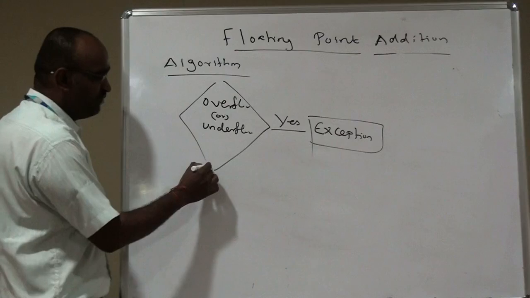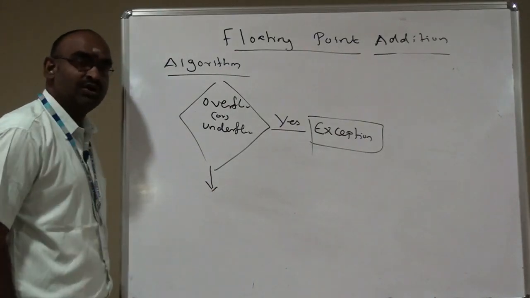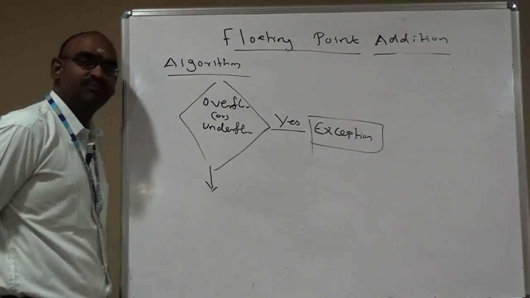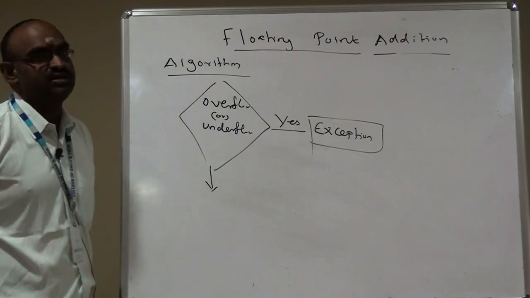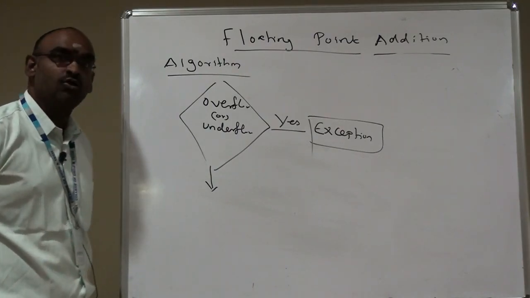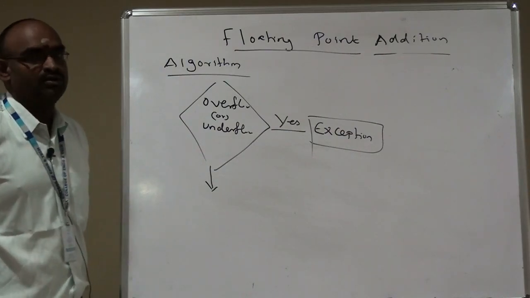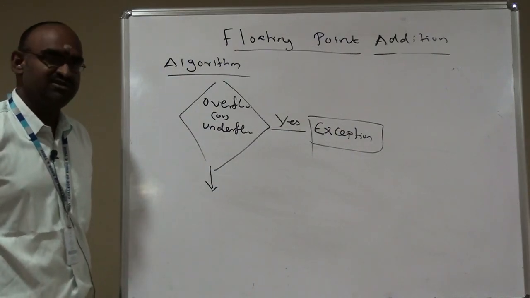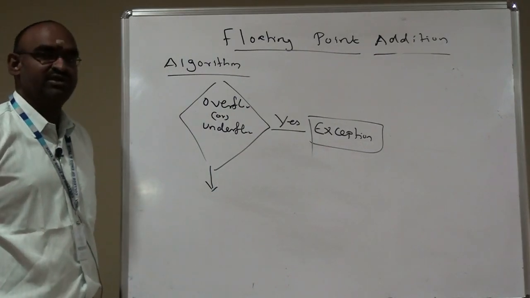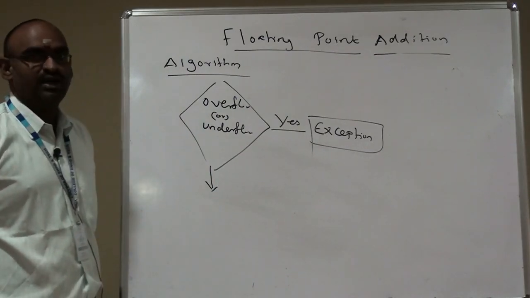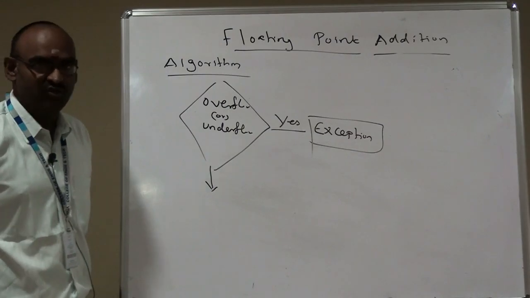If there is no overflow or underflow, again we have to do the normalization. The final normalization. What is normalization? Normalize the value so there is no leading 0 in the whole part. In binary we have to make it 1. If it is decimal, there is a value in the whole part; if it is binary, we should use 1 as the whole part. No leading 0 for the floating point number.